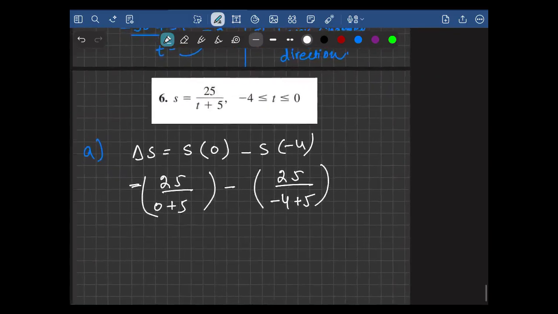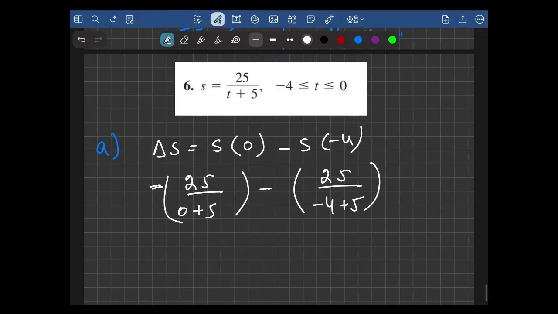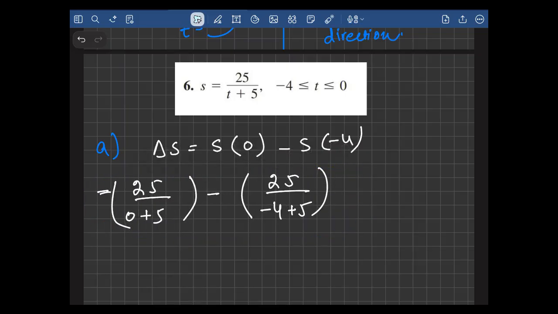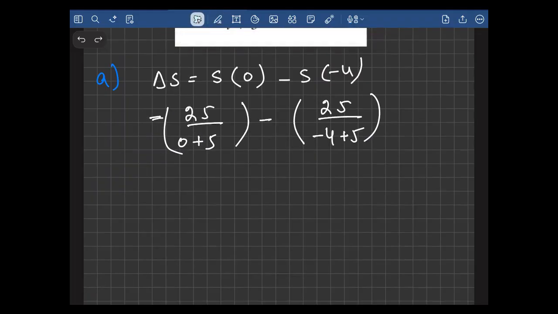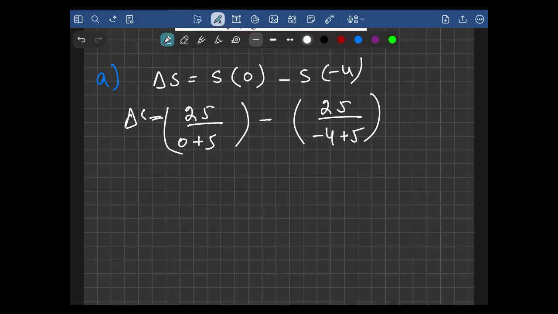So let's see what's the answer. Let's make it more room. Okay, yeah, I think it's all right. So this is our displacement, which equals 25 over 5 minus 25 over 1.